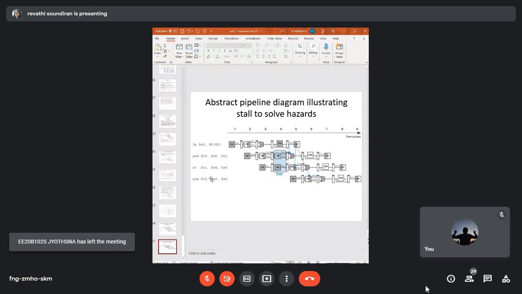Now the subsequent instructions will remain in the previous stage, frozen in the same stage, that is the fetch stage, during both clock cycles.